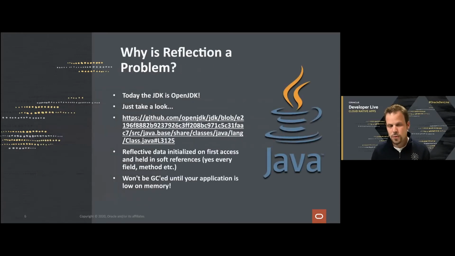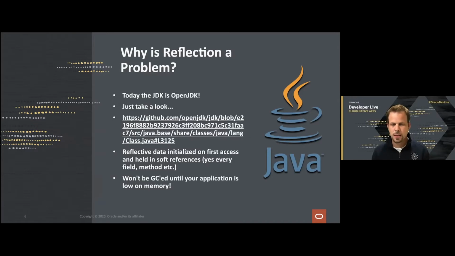In terms of why reflection is a problem, today the JDK is OpenJDK, and it's all on GitHub. You can take a look at the source code, which is available in the OpenJDK organization on GitHub. And if you look at the source code for java.lang.Class, you'll notice that reflective metadata is initialized on first access to any constructor, field, or method, and stored in what's called a soft reference.